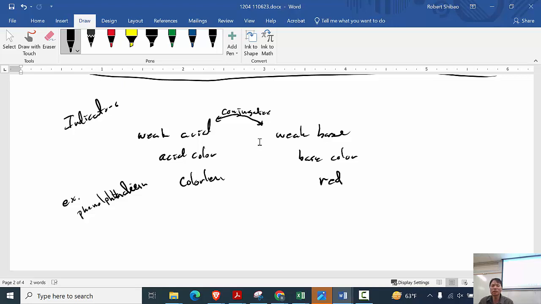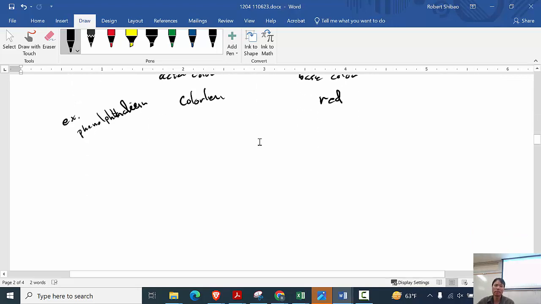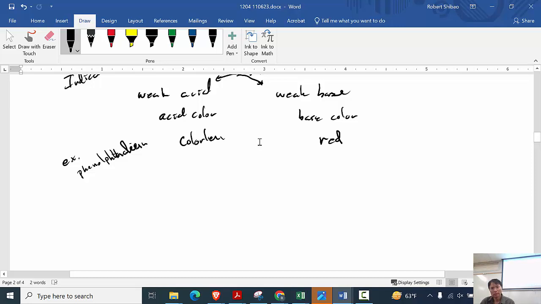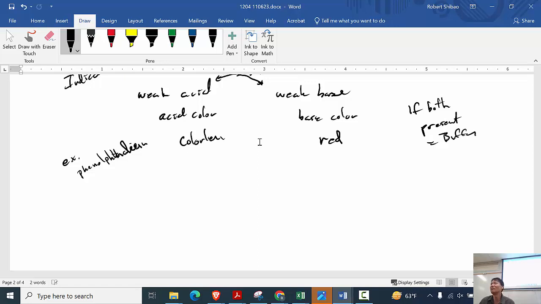We're going to make a titration curve for the indicator as well, and what we're going to see is this, basically. If both are present, this is a buffer system. And we're going to have both present during the course of the titration.